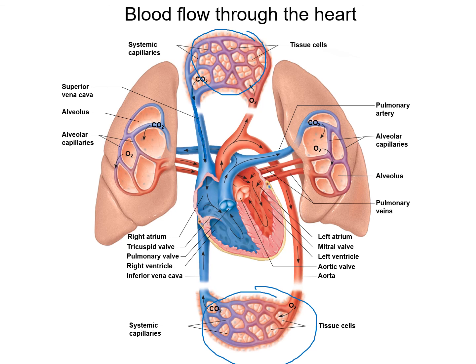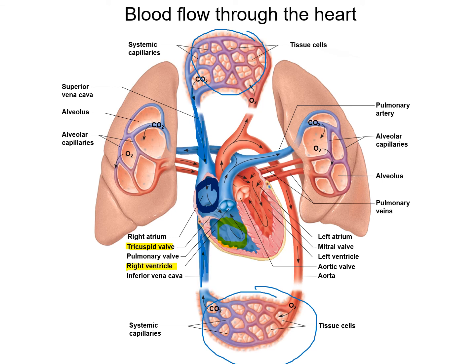So here comes the blue blood entering the heart either through the superior vena cava, which is this, or the inferior vena cava, which is down below. Either way, we enter into the right atrium here. We pass through the first AV valve. Here's tricuspid valve, right? We enter into the right ventricle.